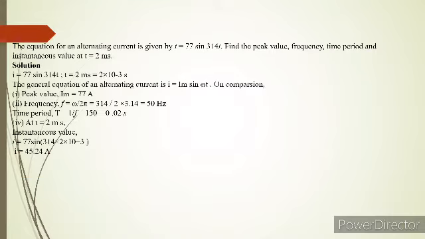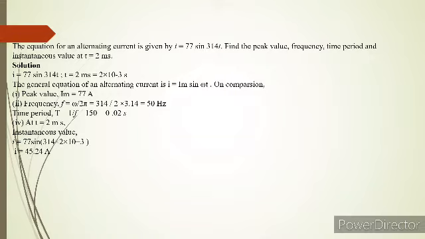Now let us see another example. It says the equation for an alternating current is given by I equals 77 sine 314 t. Find the peak value, frequency, time period and instantaneous value at t equals 2 milliseconds.